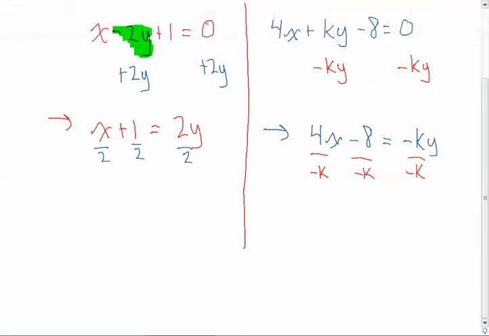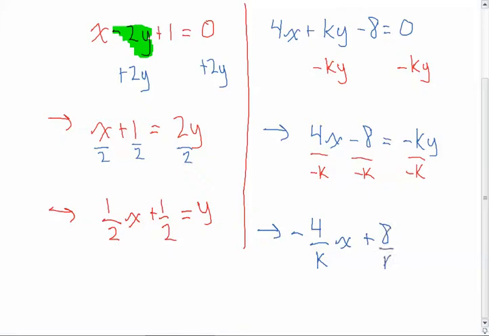So simplifying, I can rearrange, I can just move the x and y over if I want, but I'll just leave it for now. I get a half x plus a half is equal to y. And on the right, in blue, I get negative 4 over k x plus 8 over k is equal to y.